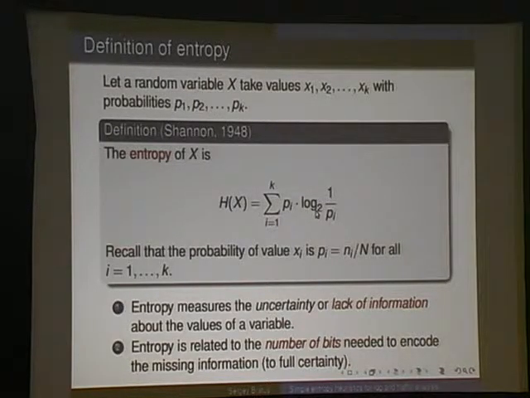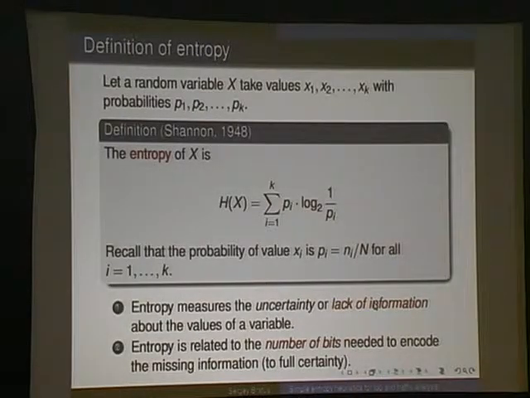And for some interesting reason, one of the fundamental laws of nature, actually a law that is really, really close to your day job, or night job, it measures the lack of information about the values of the variable. It is related to the number of bits needed to encode this to full certainty.